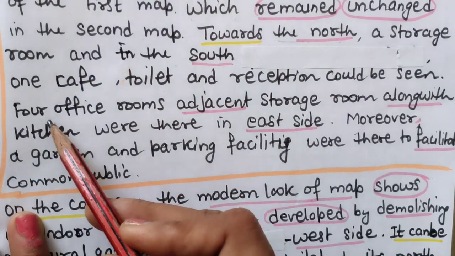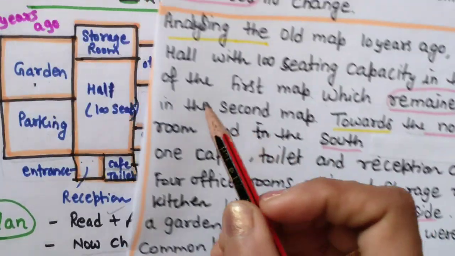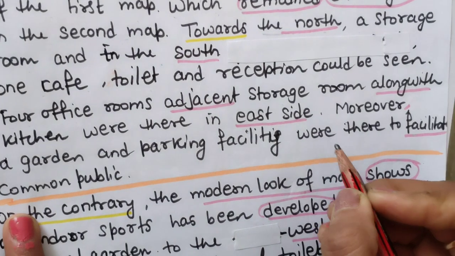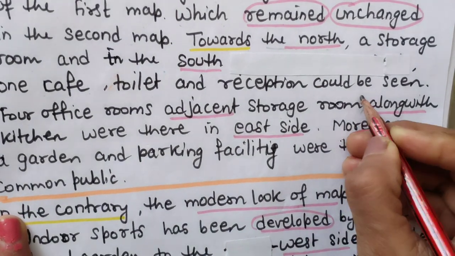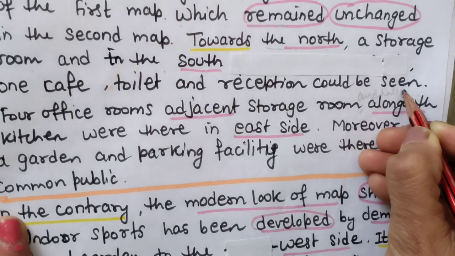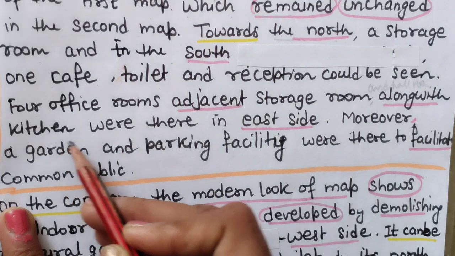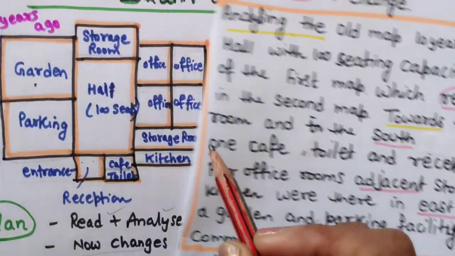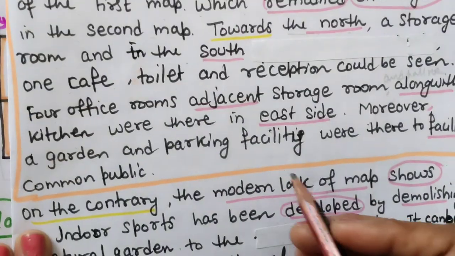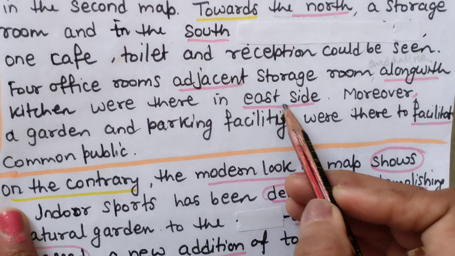Next, 4 office rooms adjacent to the storage room. See this, 4 office rooms adjacent to the storage room, and the full hall along with the kitchen and storage room were in the east side.